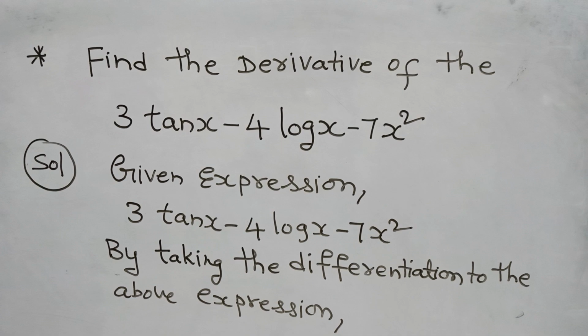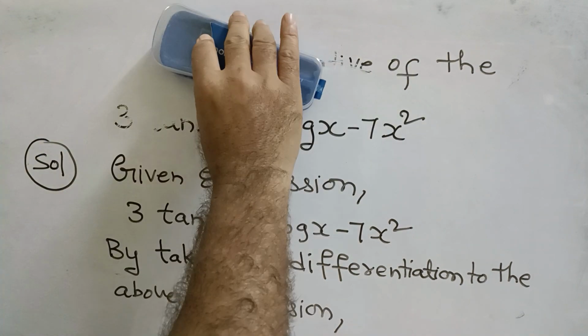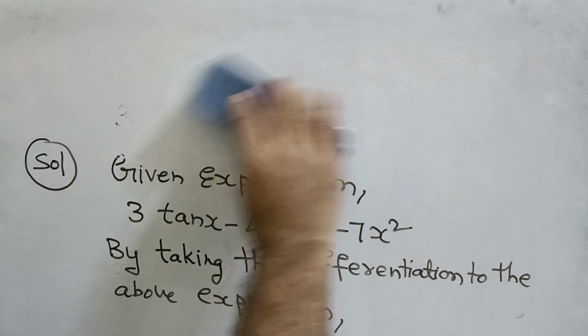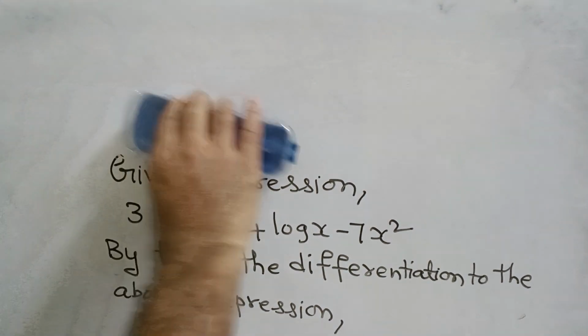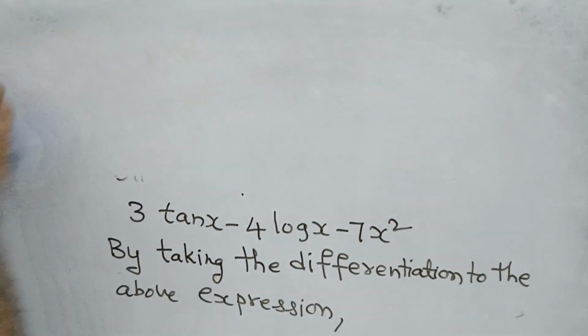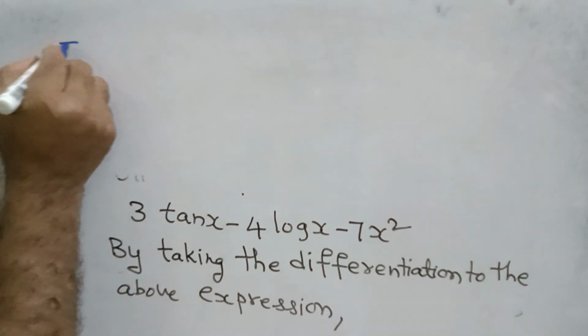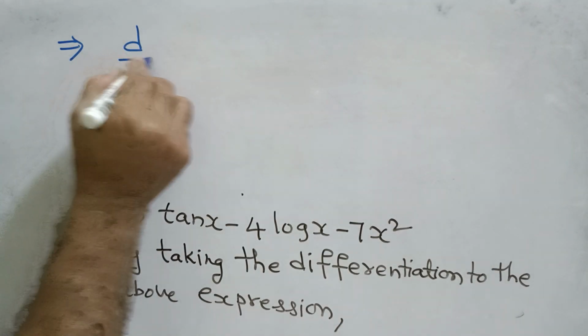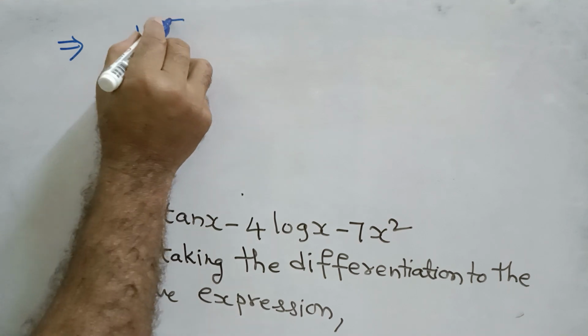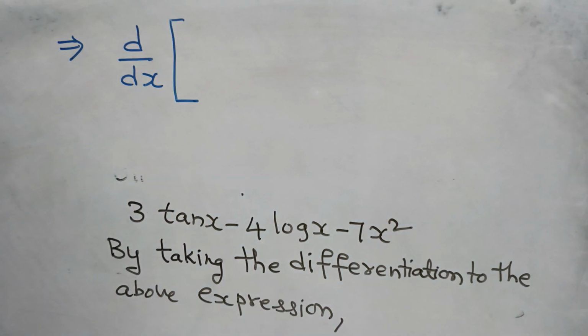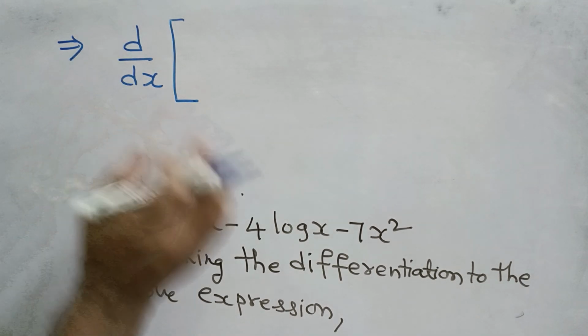So I am erasing here. Don't worry. What will we get actually? So this implies d by dx of, that is what the question is. Find the d by dx of that.